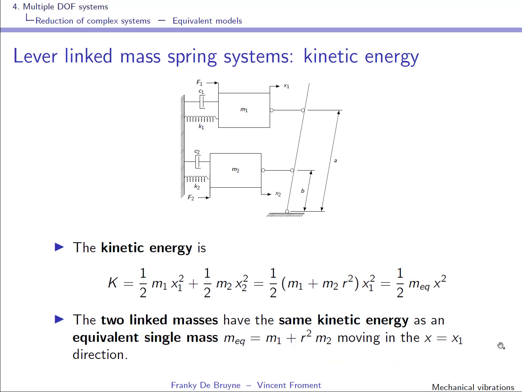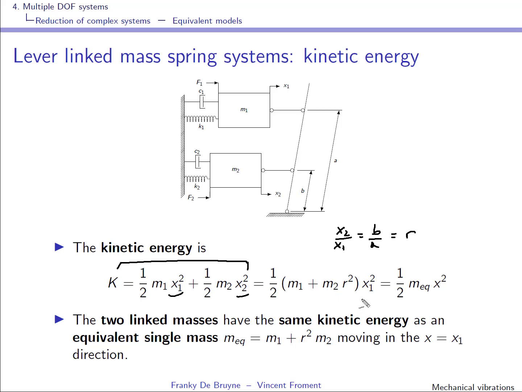Okay, so we'll write the kinetic energy as a function first of our 2 variables x1 and x2. That's kind of easy. And then we notice, of course, that x2 and x1 are related. So x2 over x1 is b over a, which is equal to r.